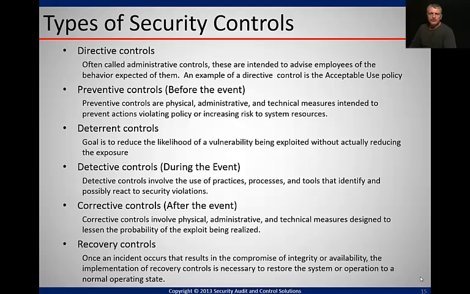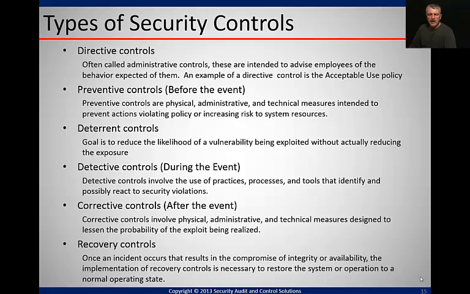We have deterrent controls, where the goal is to reduce the likelihood of a vulnerability being exploited without actually reducing the exposure. A detective control, which is during the event, involves the use of practices, processes and tools that identify and possibly react to security violations.